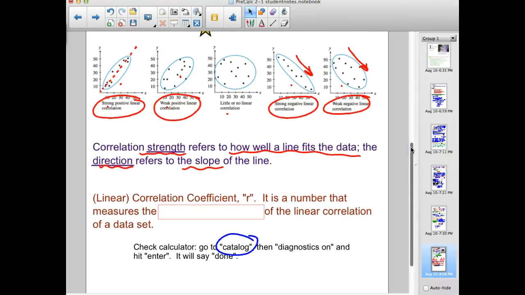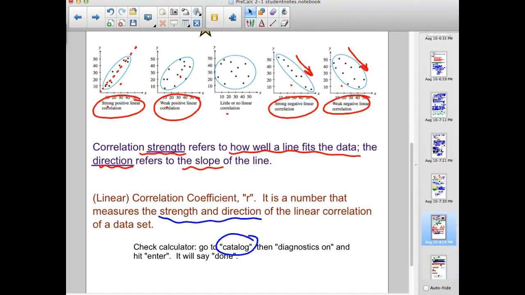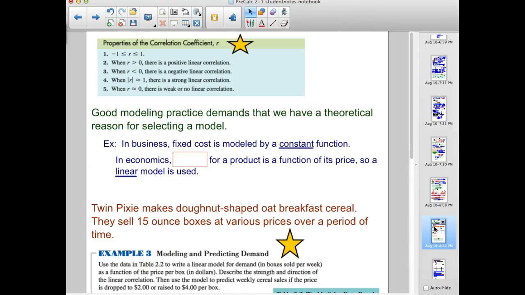All right, so our correlation constant. Our R value, that correlation coefficient, is a number that measures the strength and the direction of your data. Your R value is always going to be something between -1 and +1.